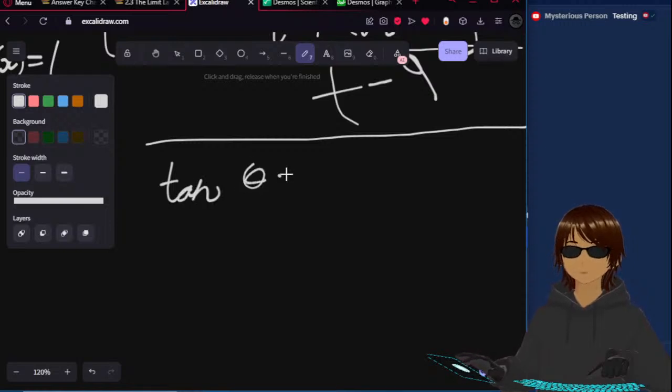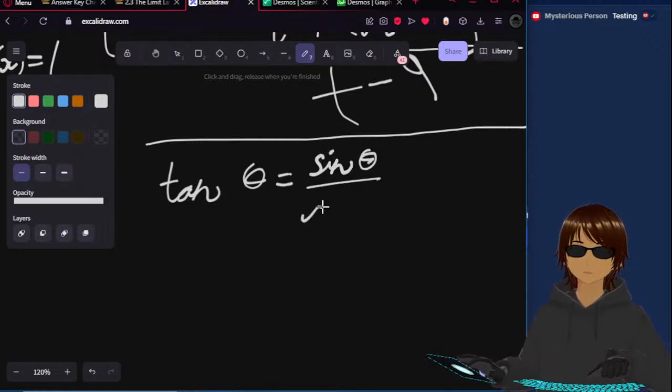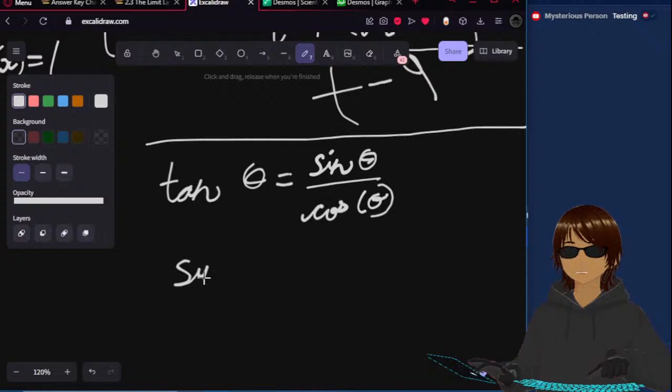Tan pi is sine over cos, right? So then sine would be 1 over cos.